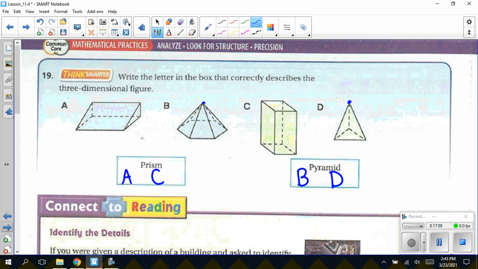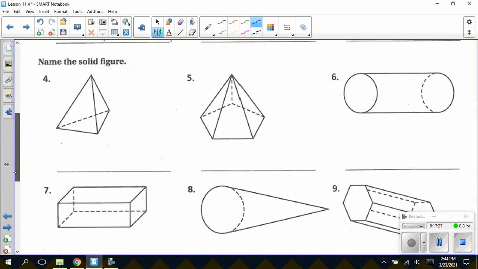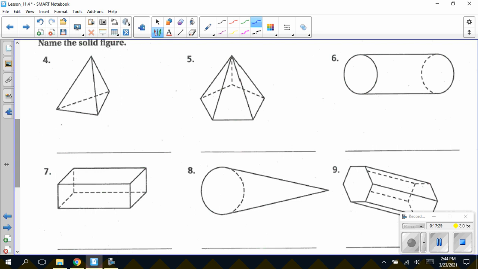So now your homework. Notice for the front on 2 and 3, it's just the most basic classification. This is drag and drop on Schoology. Both of them are on the same question. Then for 4 through 9, you have to, again, drag and drop all on the same page the actual name of the solid figure.